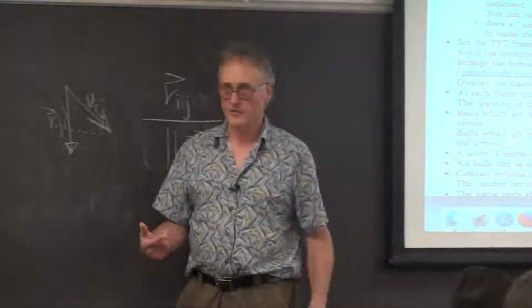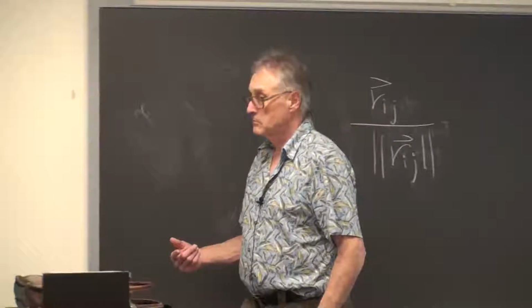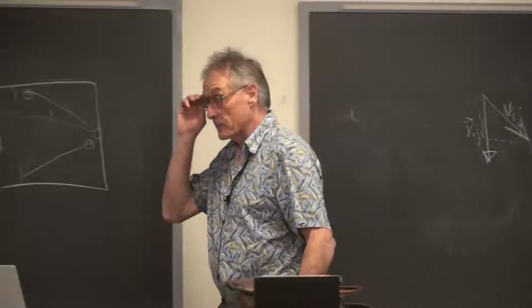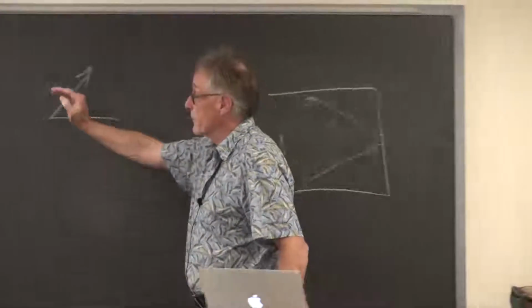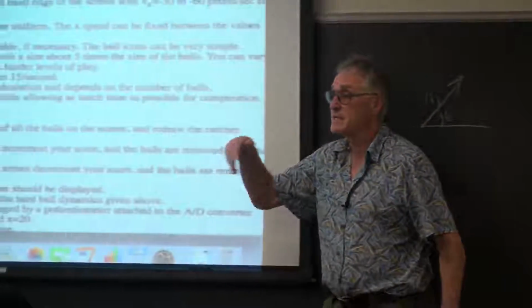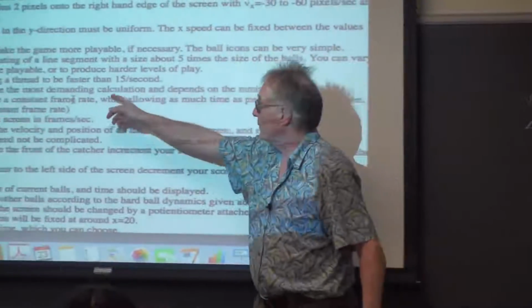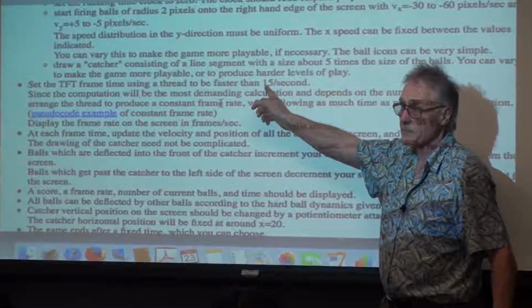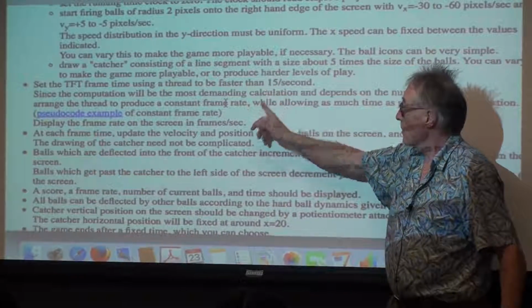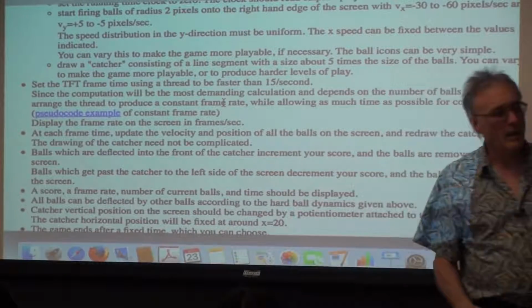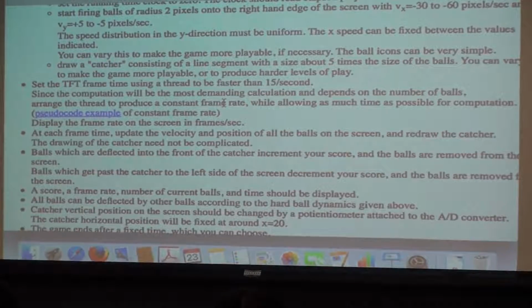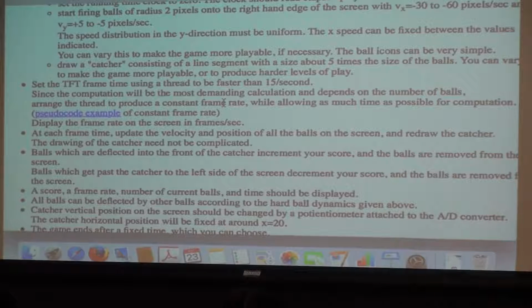Stall the process for 15 milliseconds. What I want you to do here is that every time through the thread should be exactly 67 milliseconds, 1 over 15 frames per second. So I thought that that was obscure enough that I might write that out.